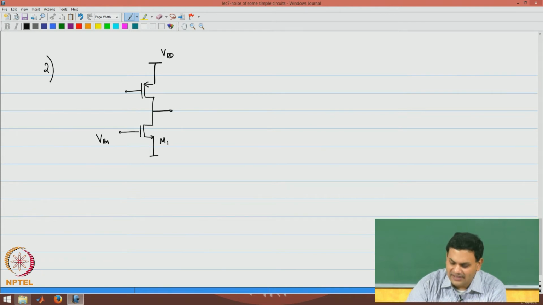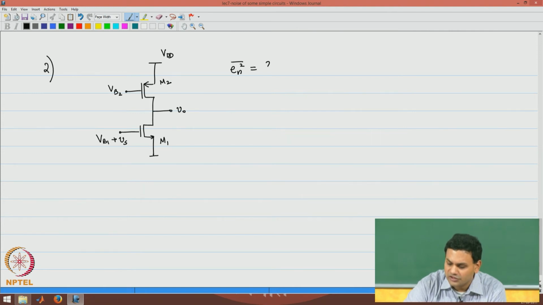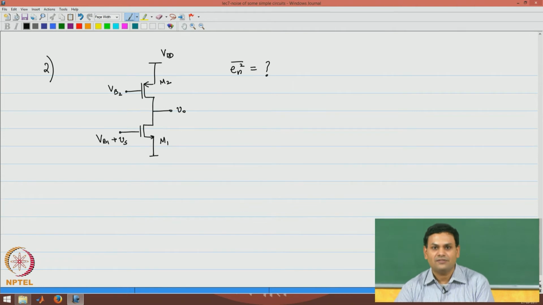Let us say this transistor was M1 and the PMOS transistor was M2. I want to find the input referred noise voltage for this circuit, and clearly, because the input impedance is very high, the input referred noise current is irrelevant. I will follow the exact same procedure for this example also.